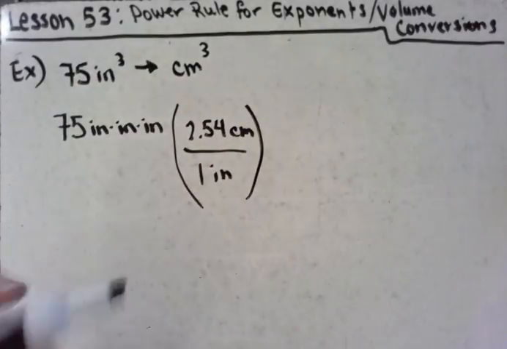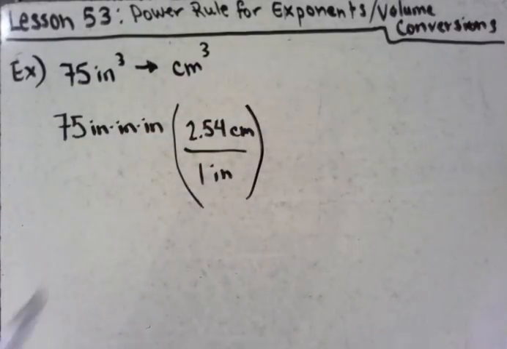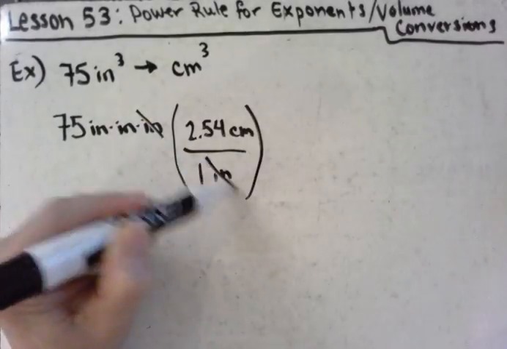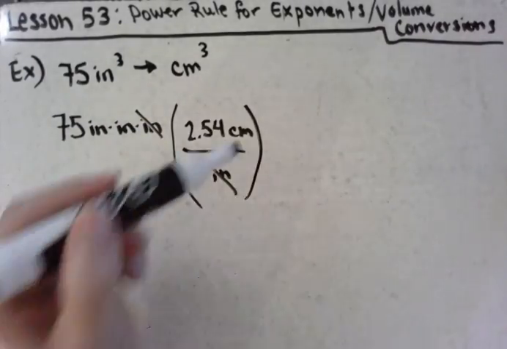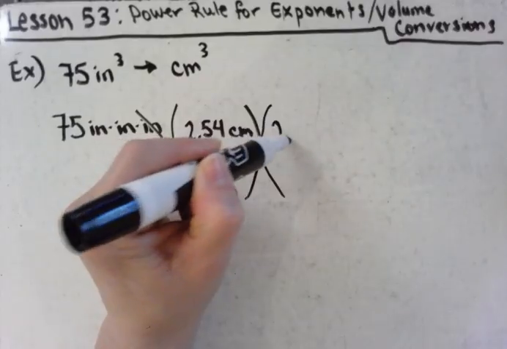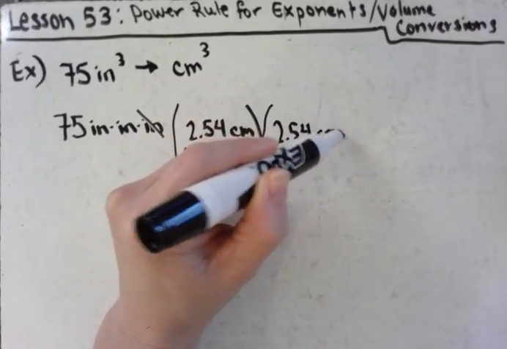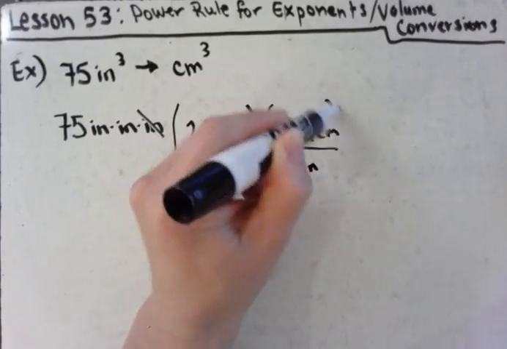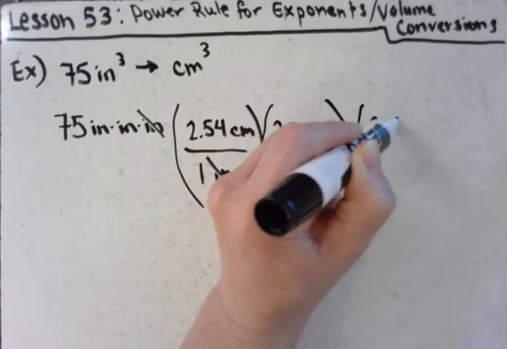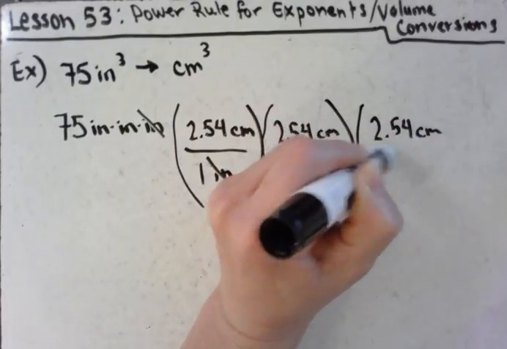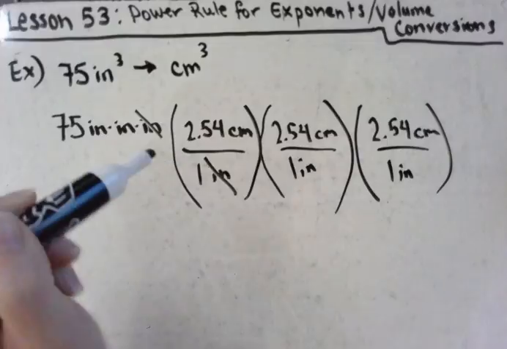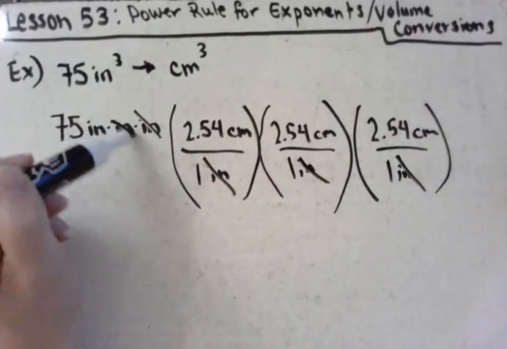And so I would have to actually do this. This cancels out inch 1 time, but I have to do this 2 more times. So I would do 2.54 centimeters over 1 inch, and another 2.54 centimeters over 1 inch. And that's going to cancel out the other 2 inches.